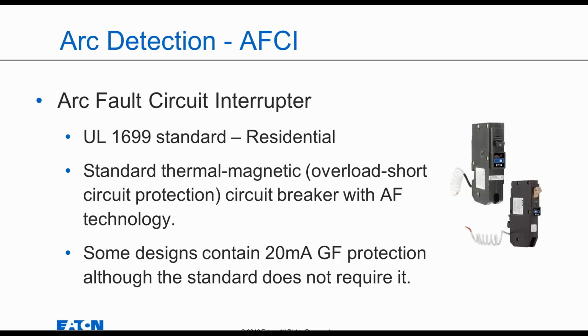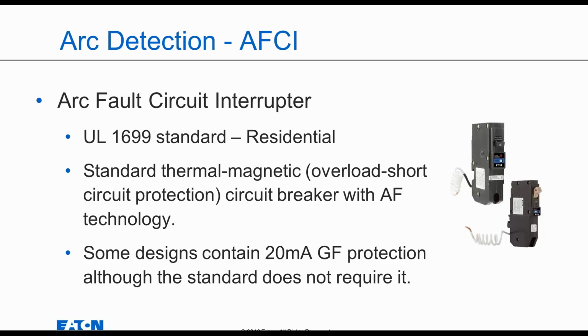Many of you have heard about AFCI. It's required in your home in most of the states across the country. It started as more of a residential product. The UL standard is 1699. It's basically your standard thermal magnetic breaker with arc fault technology built into it.